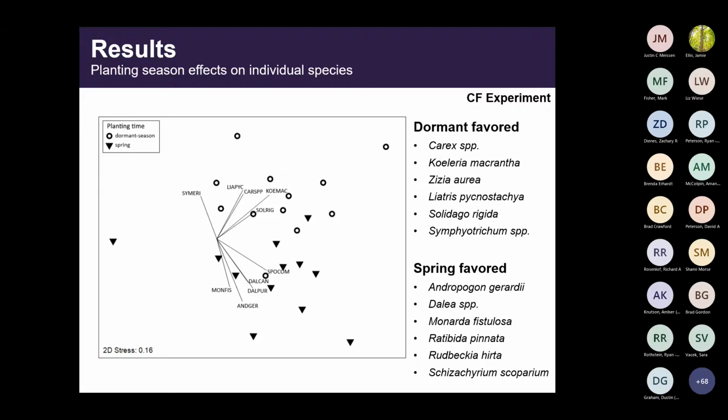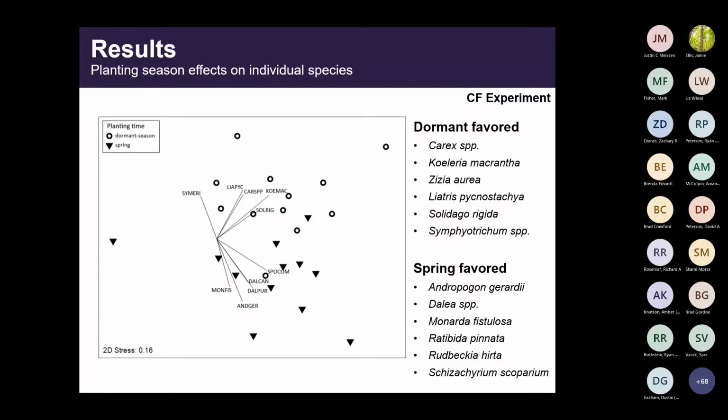And then further, we looked at species driving the differences, and we found that the species favored by dormant season planting included a variety of sedge species, since when we were doing the surveys, we were not at times when you could identify different sedges necessarily, June grass, prairie blazing star, stiff goldenrod, a variety of aster species, and golden alexander.